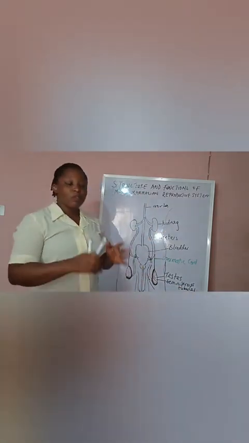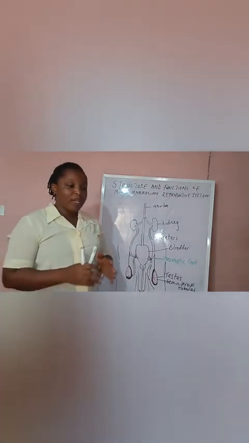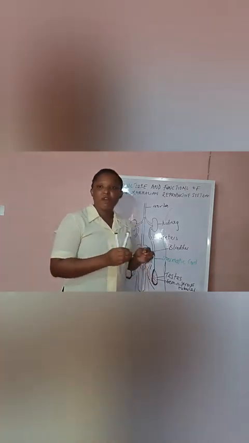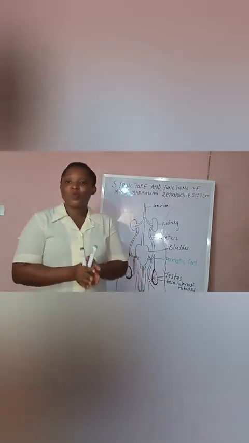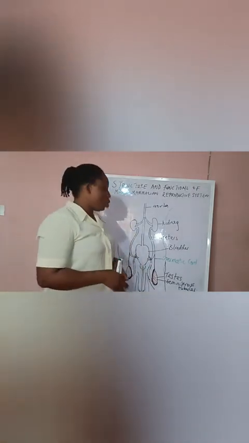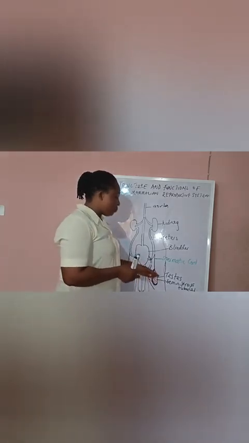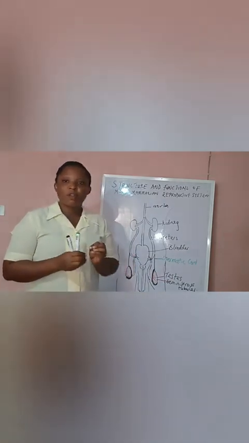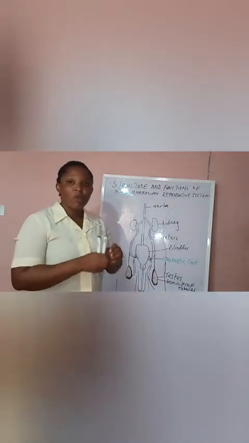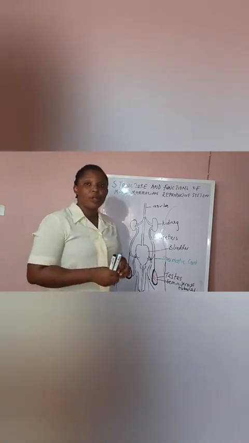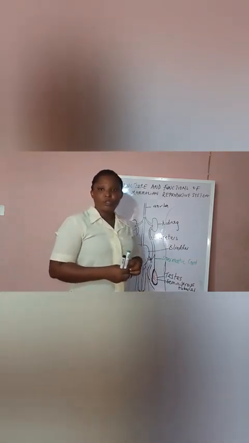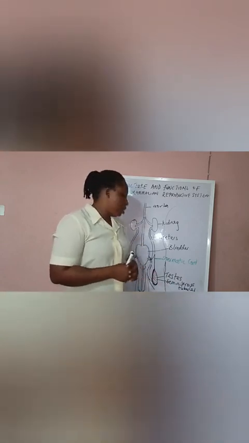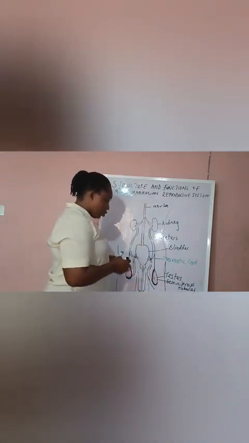That means the production of spermatozoa takes place in the seminiferous tubules that are located within the testes. Not only do we have sperm producing cells in the seminiferous tubules, we have some other cells too that perform roles in order to ensure the production of sperm. The first one is the Sertoli cell.